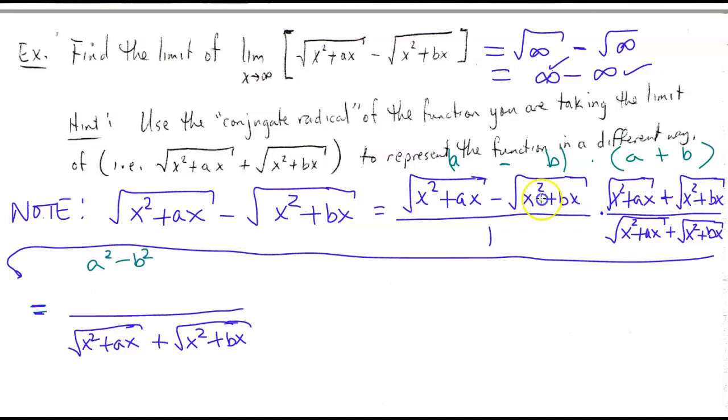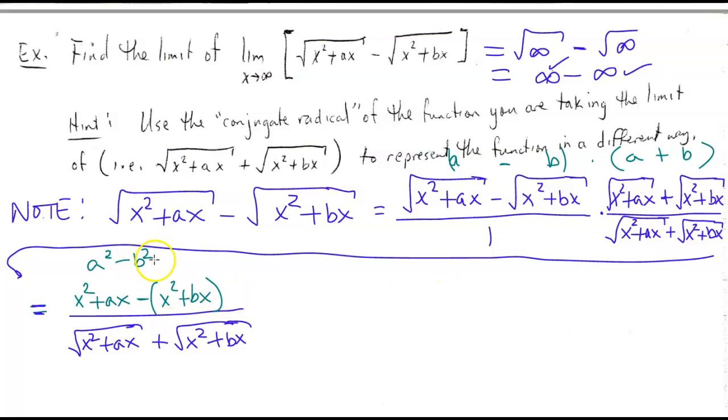And so if I take square root of x squared plus ax and I square it, I'm just going to have x squared plus ax. Minus, if I look at b, which is square root of x squared plus bx, and I square it, I'm just going to have, in parentheses, x squared plus bx. And so that simplifies the process for us a lot to be able to multiply this out.